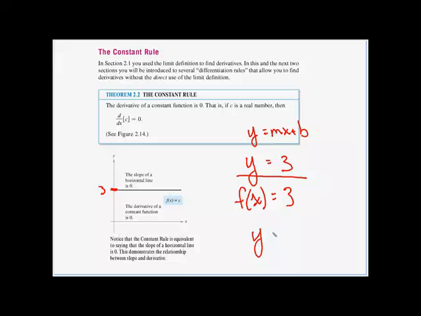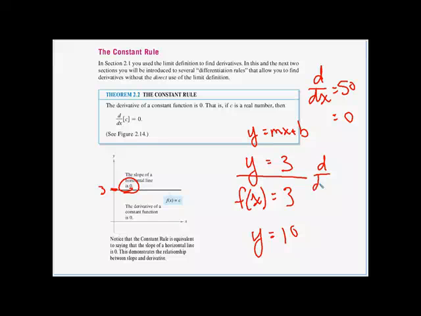If I wrote y equals 10, that would be another horizontal line at the height of 10 on the y-axis. And if we look at this line here, this horizontal line, what is the slope of a horizontal line? Of course, it's 0, no slope. So if I asked you to say, find the derivative d dx of 50. Well, that would be 0.